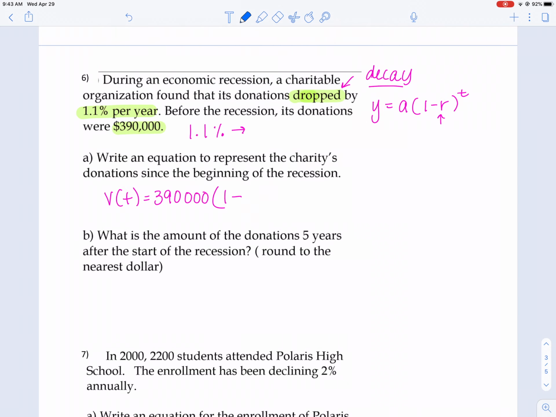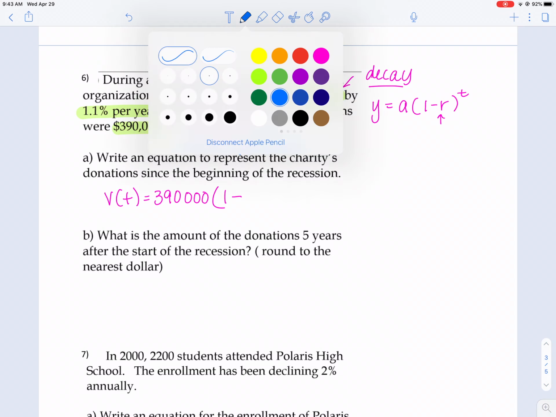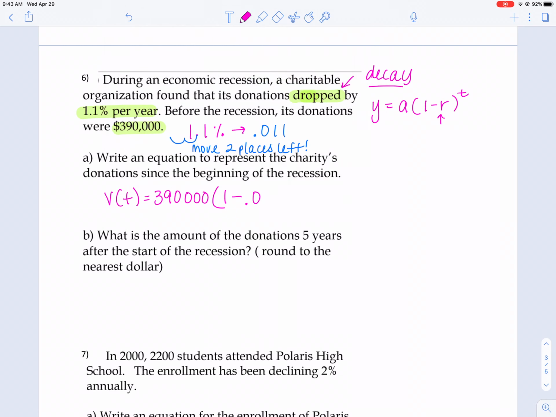I know it's a decimal there, but when you convert percent to decimal, you move 2 places left. So if you move this 2 places left, it'll be 0.011. That's the number that goes in here, 0.011. And you could raise that to the t. If you use v of t, then you make your exponent t. If you're just using y equals, you can make your exponent x, whatever you want.